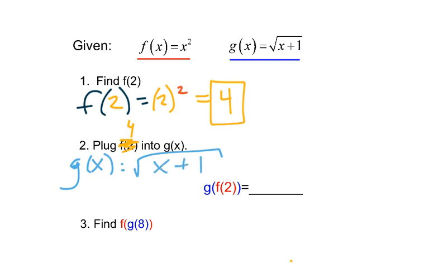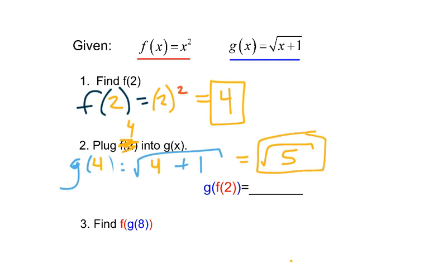Again, what we're plugging in is the 2, so instead of the x, we're going to put the 4, because that's what we just got in the previous one. And so we're actually trying to find the square root of 5, which is a decimal, so really not all that helpful, so we'll just keep it as the square root of 5.